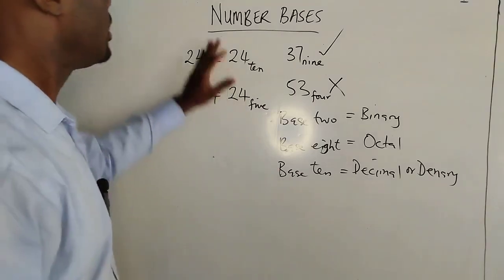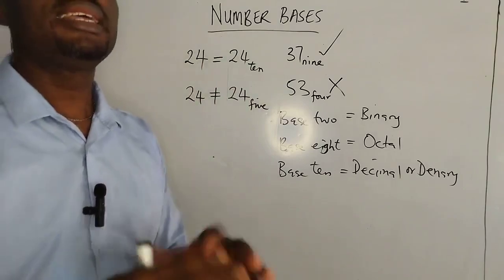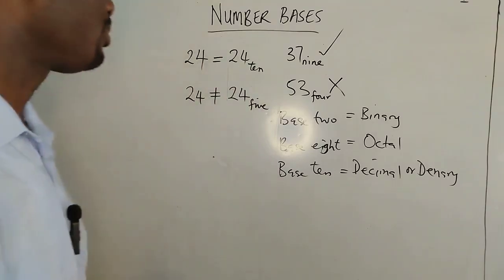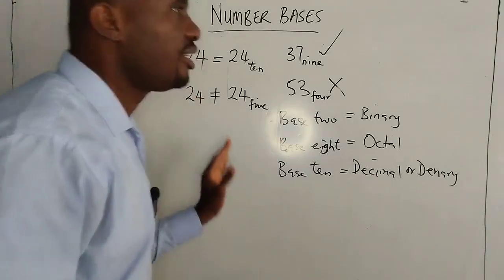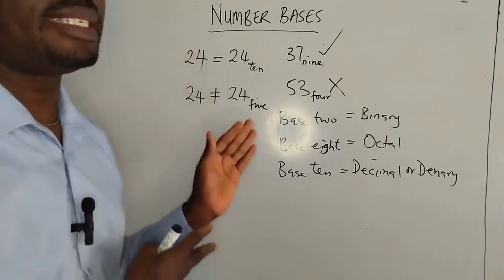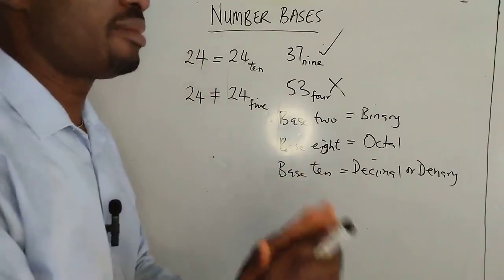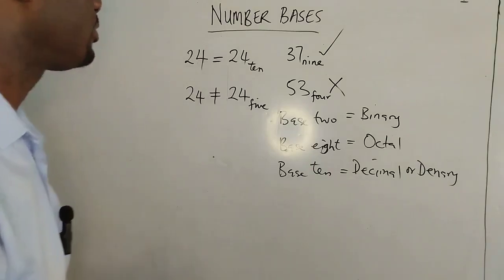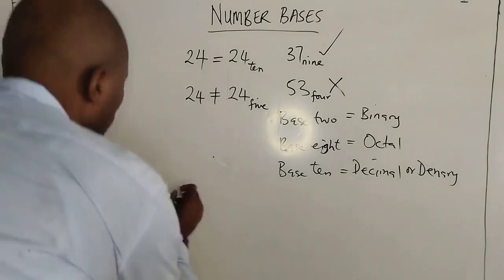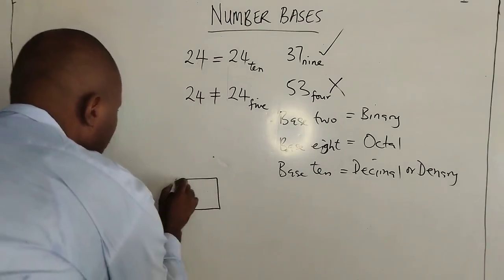Lastly, in number bases, there are two major conversions that we do. Either you are converting a number that is in base 10 to other bases, or you are converting a number in other bases back to base 10. This I will summarize with this simple sketch.